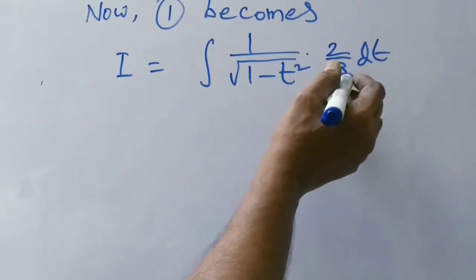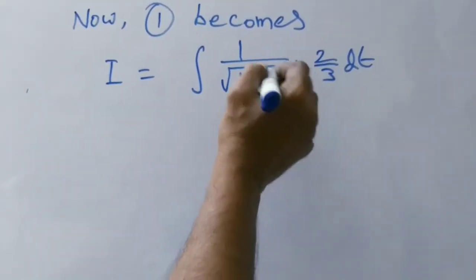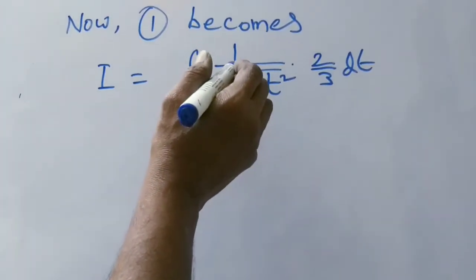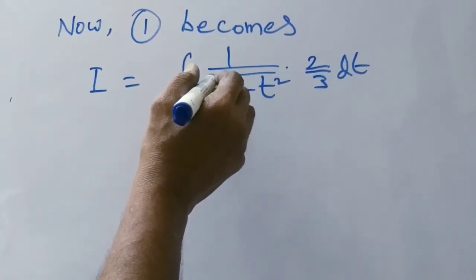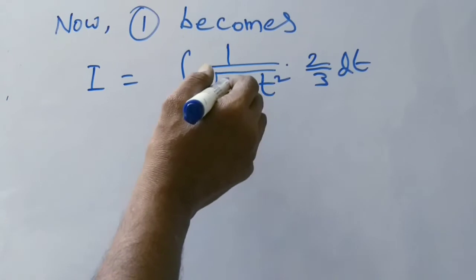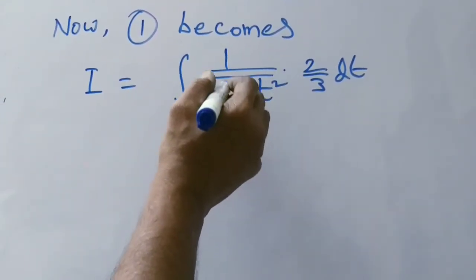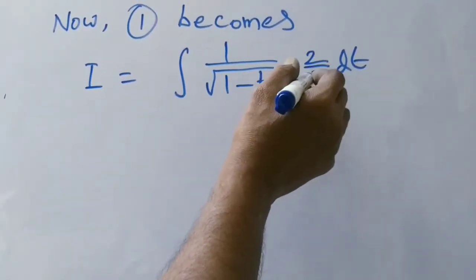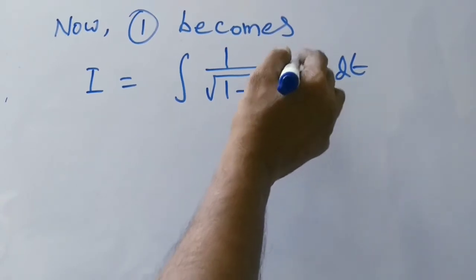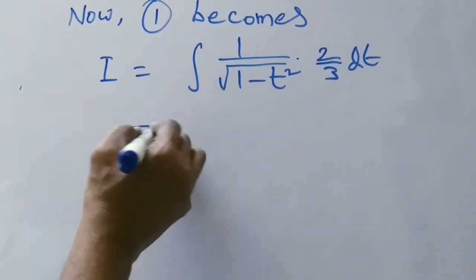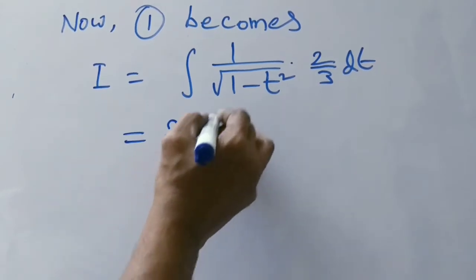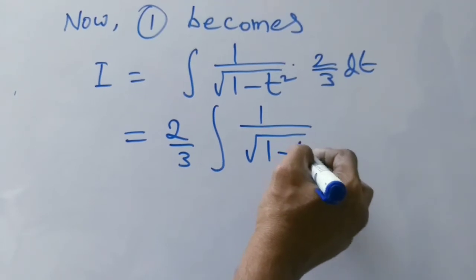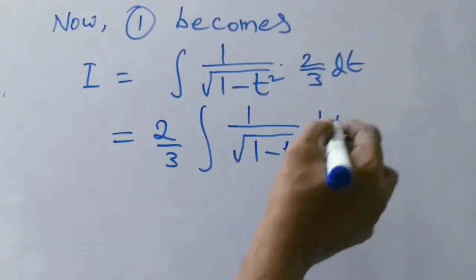Here 2 by 3 dt is root x dx, and square root of 1 minus t square comes from the substitution x to the power of 3 by 2 is equal to t. Always the constant term goes before the integral, so we can write it as 2 by 3 integral of 1 by square root of 1 minus t square dt.